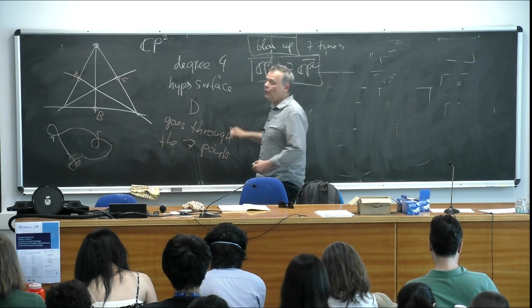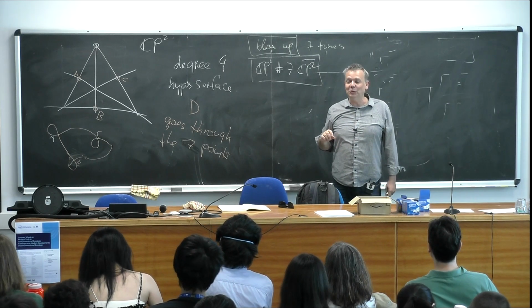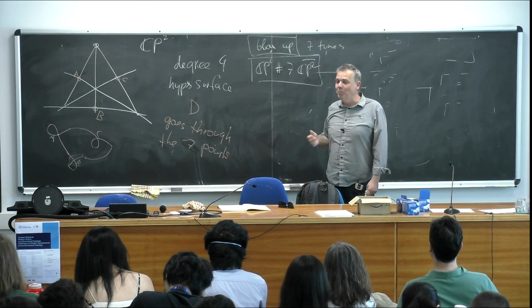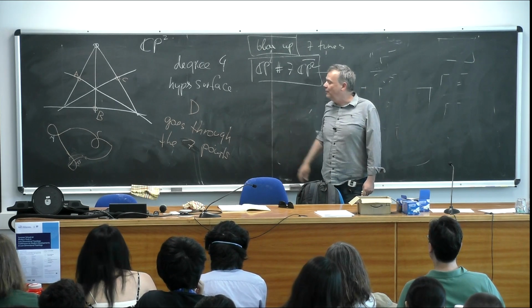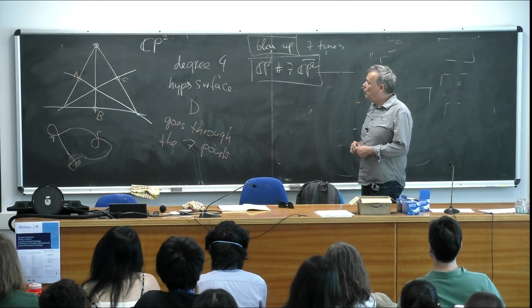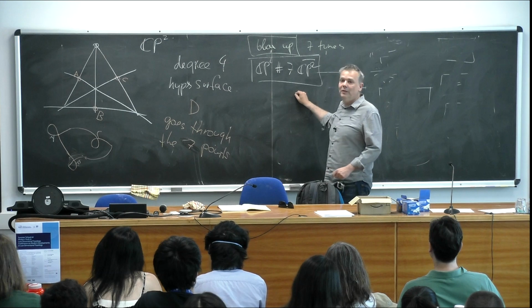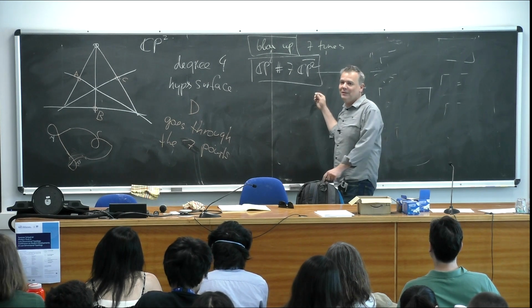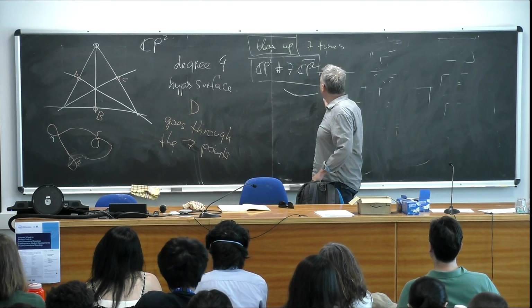I know at first it looks like it's just overwhelming, but turns out you can just very slowly really understand what's going on. I'm not sure we will be able to completely go through this, but it's not that hard. So just bear with me. So what happens is that if I actually do that, then these points will be replaced by, remember, CP1s. So almost the same picture, except there will be this exceptional curve.